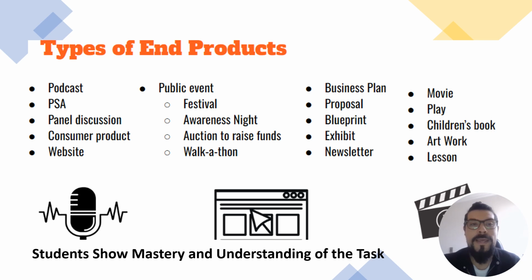Remember that these end products or final products are usually part of the real world, and these are products or actions that take place for real. In this almost final step, students show mastery and understanding of the task, so they're ready to present everything that they have worked on in the previous lesson.